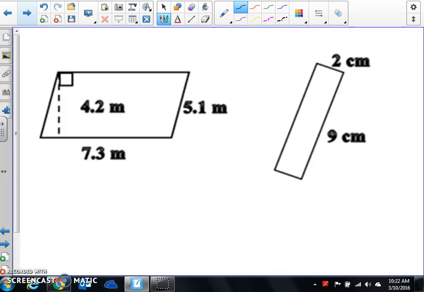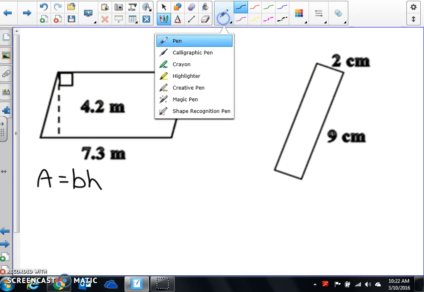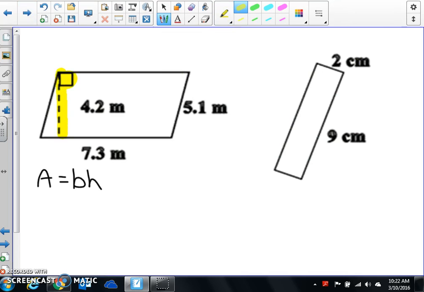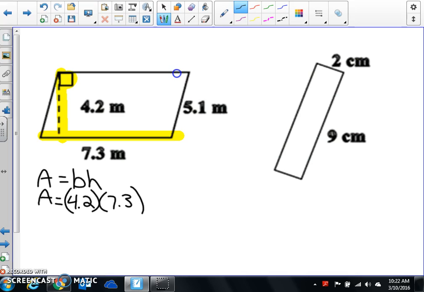All right, so this is a parallelogram. For a parallelogram, area equals base times height. So I go and I find that right angle, and it's touching this and that. So area equals 4.2 times 7.3. So 4.2 times 7.3 gives us 30.66 meters squared.